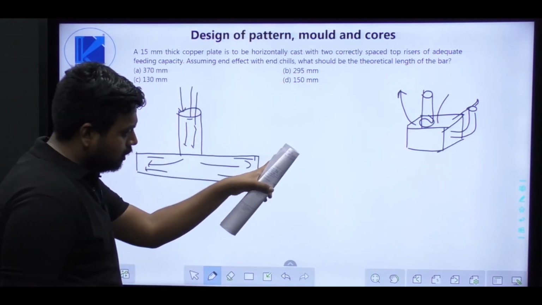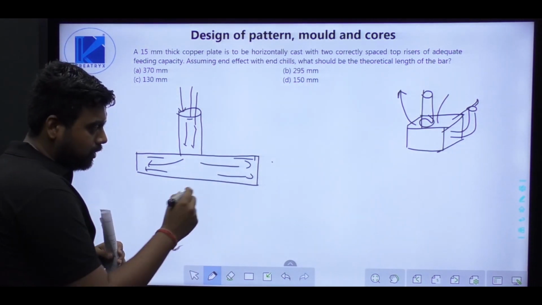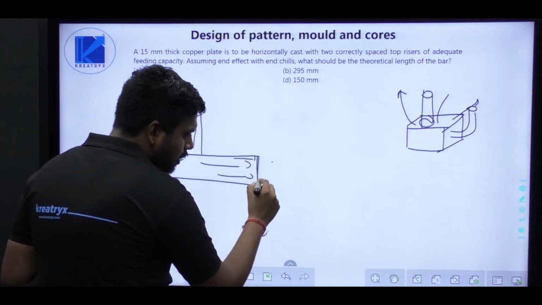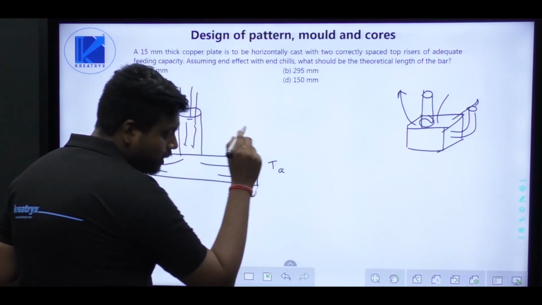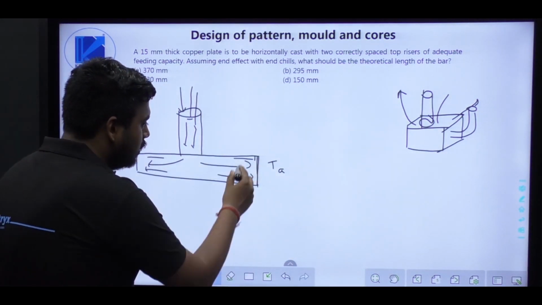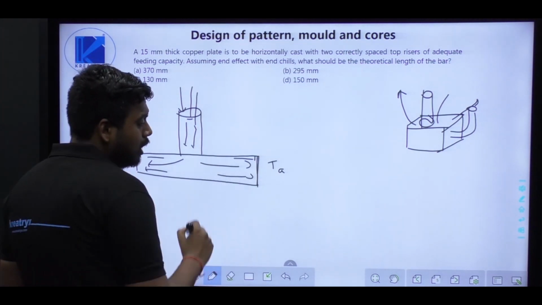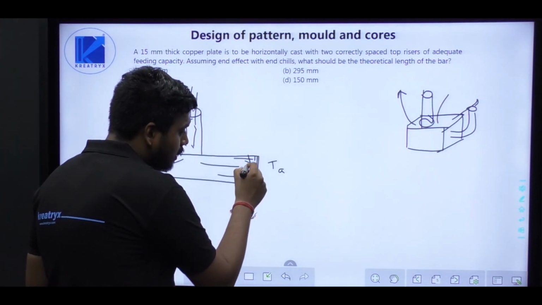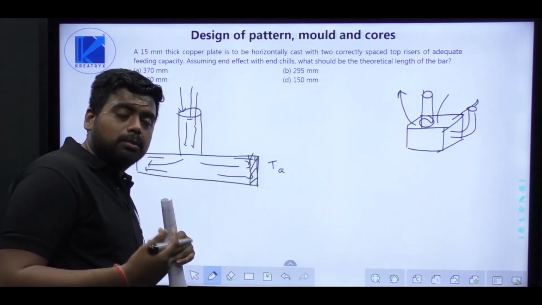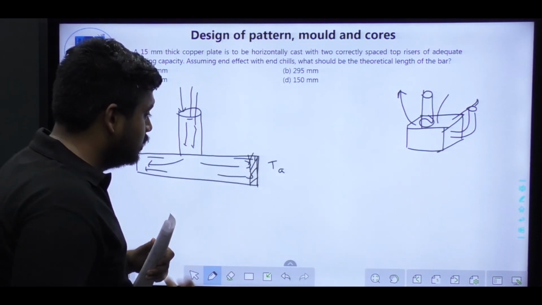Since there is a very huge temperature difference, because here the temperature is ambient, let's say Ta or room temperature, and here the temperature is something between liquidus and solidus, a thermal gradient exists and heat dissipation takes place at a very fast rate.